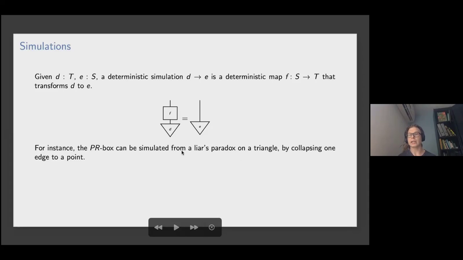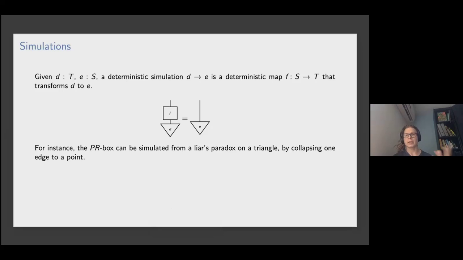And the way it works is that you think of the vertices of the PR box. Well, 3 of them you map to just vertices of the triangle, and then one edge you collapse into one point of the triangle as well. And then you need to take care of what you do with the outcomes so that you get exactly the correct answers. But anyway, in this way, you could simulate the PR box from a triangle.